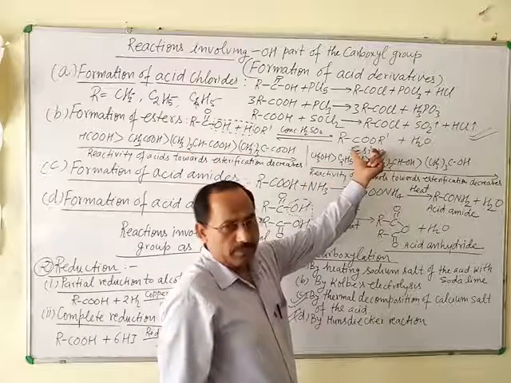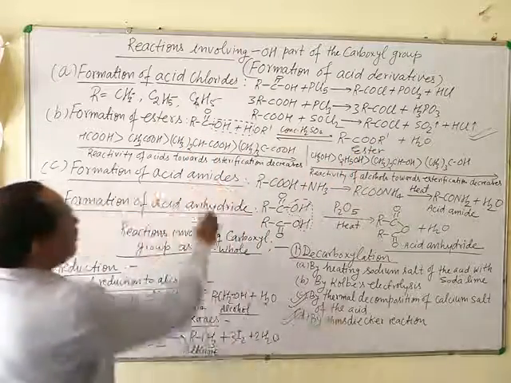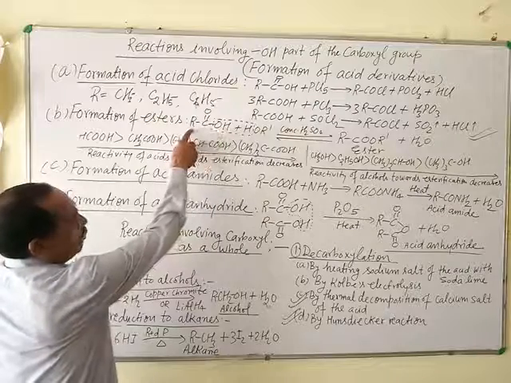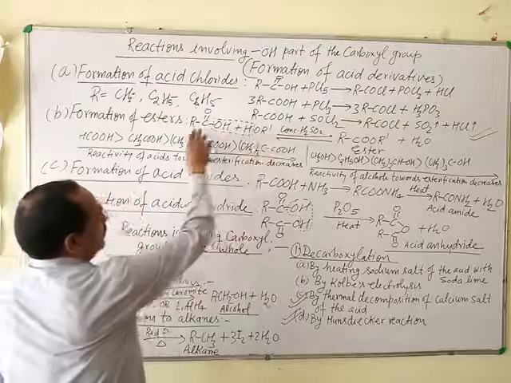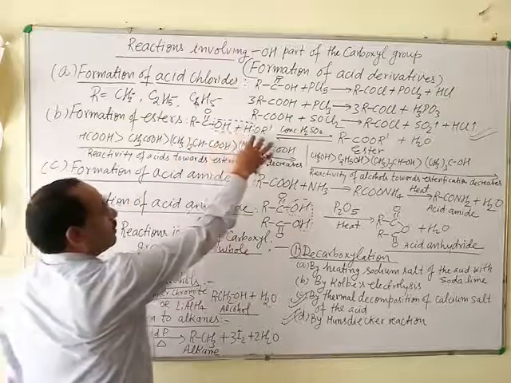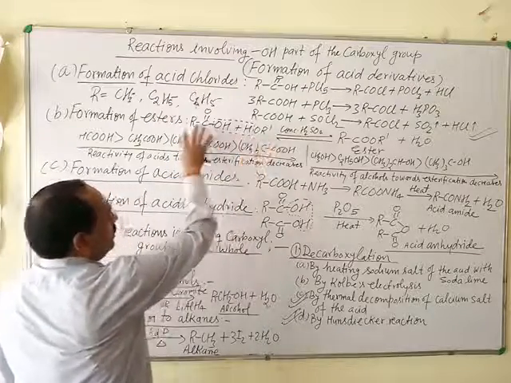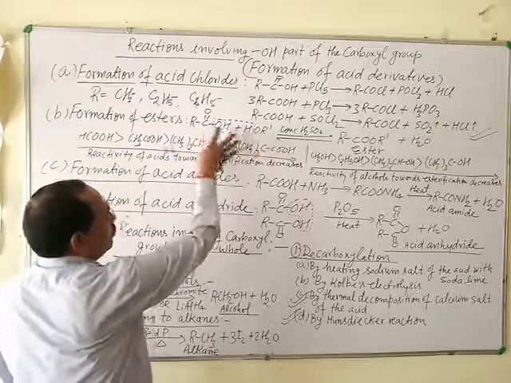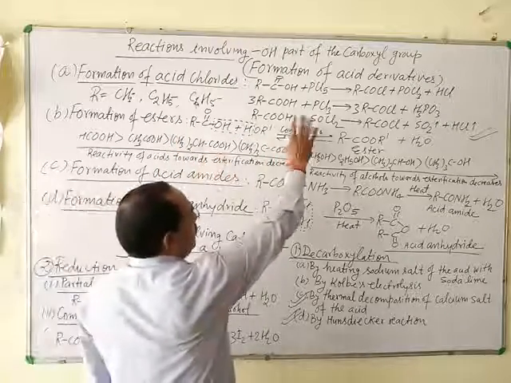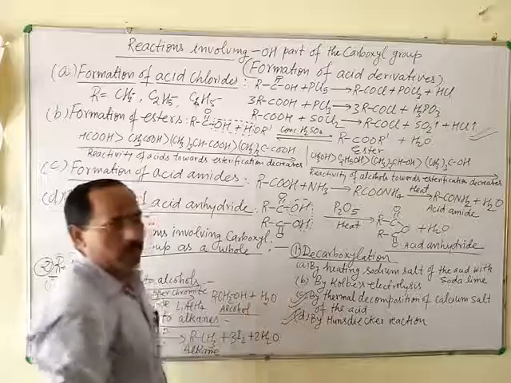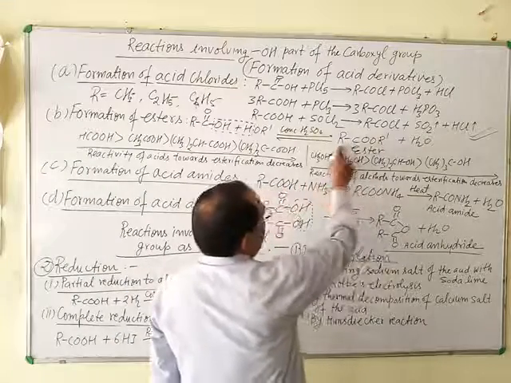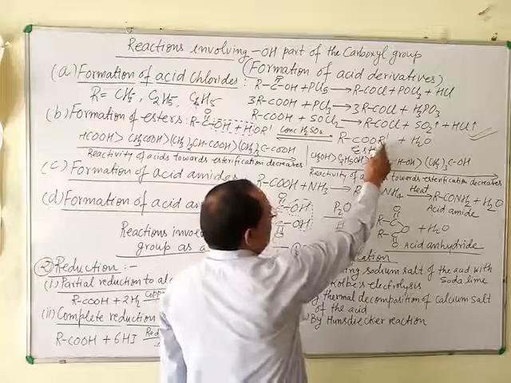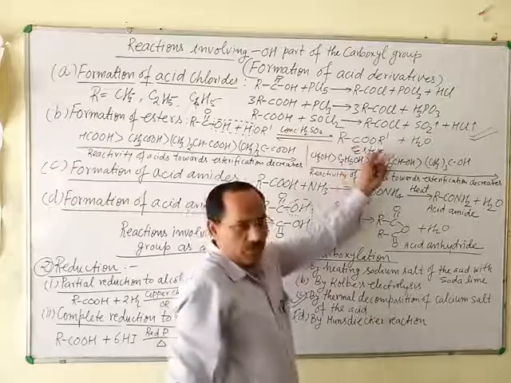Esters are obtained. For example, if R equals CH3 and R dash equals C2H5, that means acetic acid and ethyl alcohol. Acetic acid and ethyl alcohol react together in the presence of a catalytic amount of concentrated sulfuric acid, and ethyl acetate, CH3COOC2H5, is obtained.